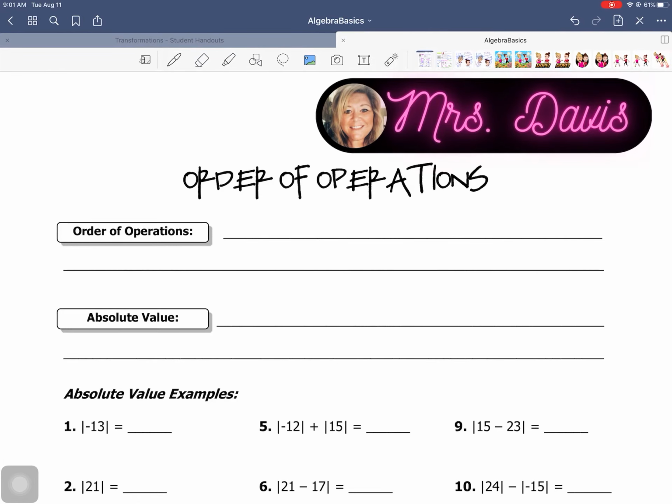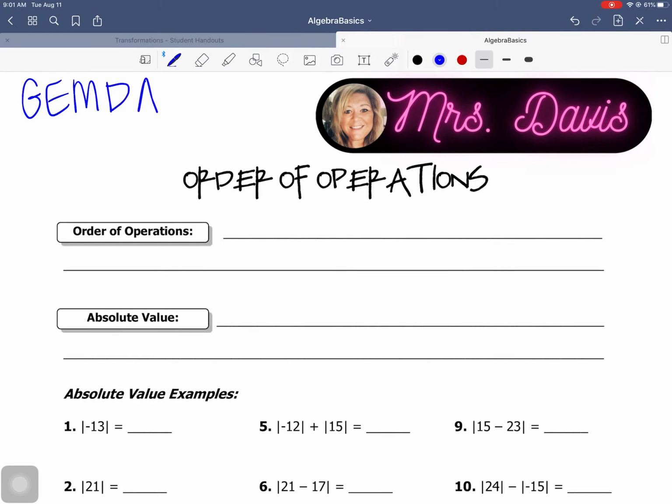Today we are going to do a review lesson. To start us off is the order of operations. Probably in the past you've heard it called PEMDAS or GEMDAS. We're going to do GEMDAS: grouping, exponents, multiplication, division, addition, subtraction. Order of operations.